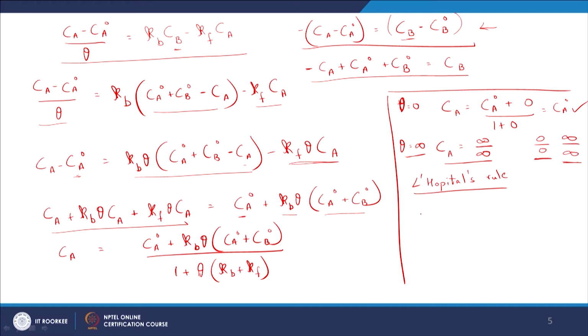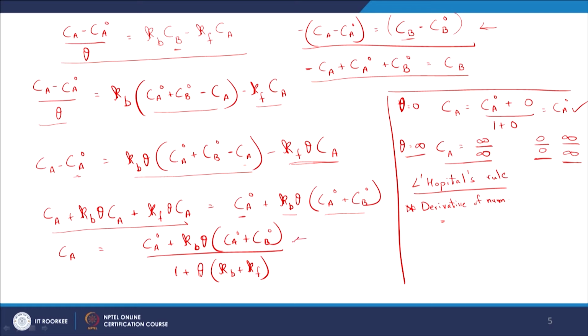So I believe we discussed that we need to look at the derivative of the numerator and denominator with respect to the relevant variable. So here I am going to write down the derivative of the numerator, and that is equal to what now? What is the numerator here, please? CA naught plus KB theta into CA naught.